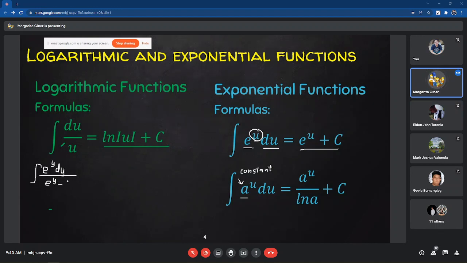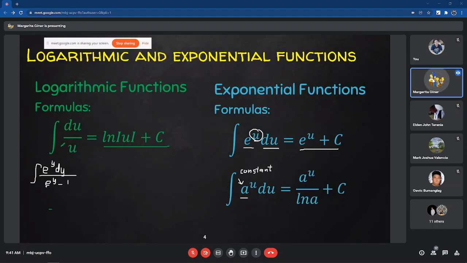Again, based on the formula, e raised to u, as you can see, is here. Since it is in fraction form, the answer is possibly a combination of logarithmic and exponential. The power rule can no longer be used because it is not enclosed in parentheses and has more than one exponent. So most probably the answer is ln.